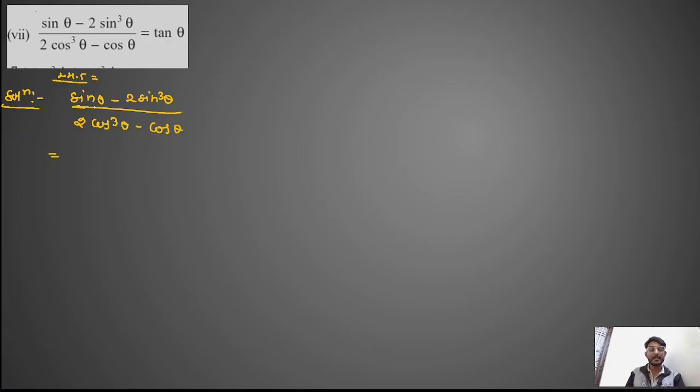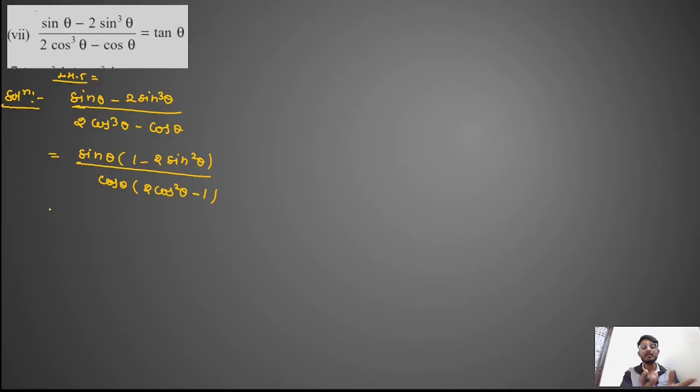You can take common sin theta from numerator; whenever you take sin theta from this you will get 1, and whenever you take sin theta from this you will get 2 sin square theta. In denominator you can also take common cos theta, so you will get 2 cos square theta minus 1. Basically you will get the answer from here.